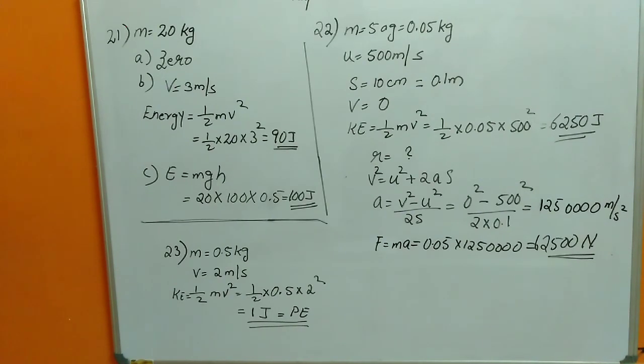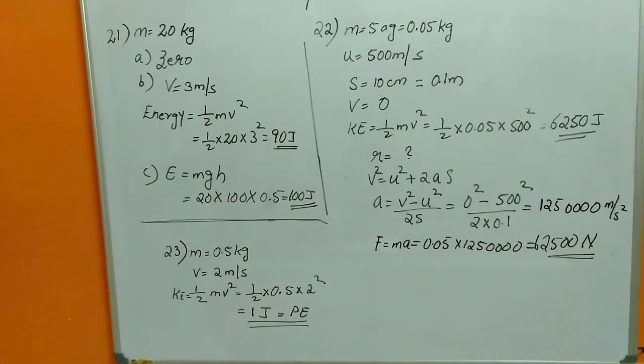The box is raised to a height 0.5 meter. So here the energy is potential energy, mgh. Mass into gravity, given here as 10, into height. The box is taken to a height 0.5 meter. So we will get mgh, 100 joule.